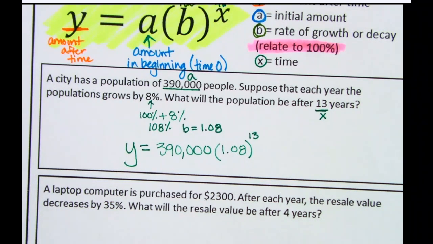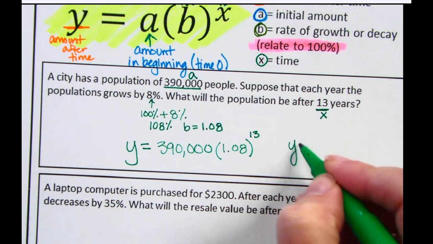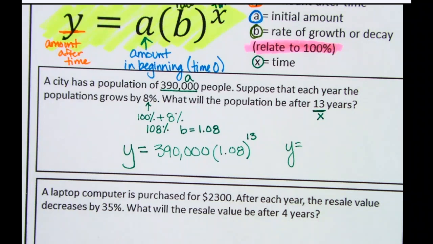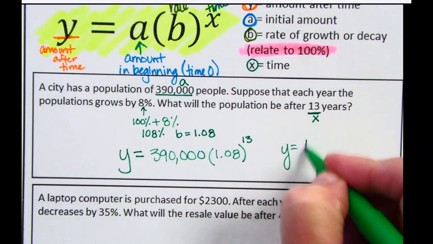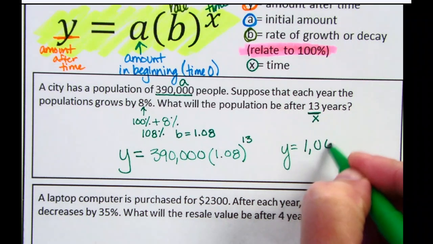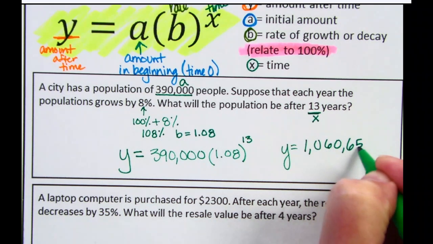Wow, that's some serious growth. Shout out what you've got. Anyone going to be brave? All right, we got a million, 60,653.